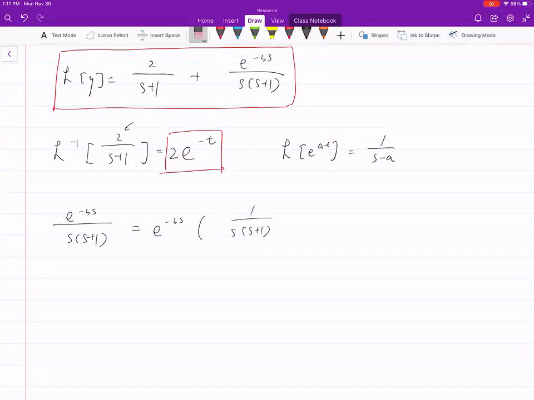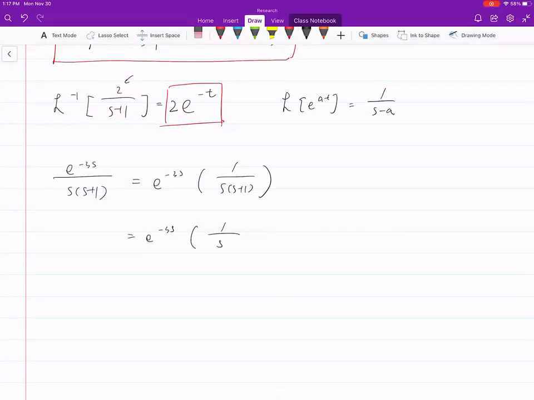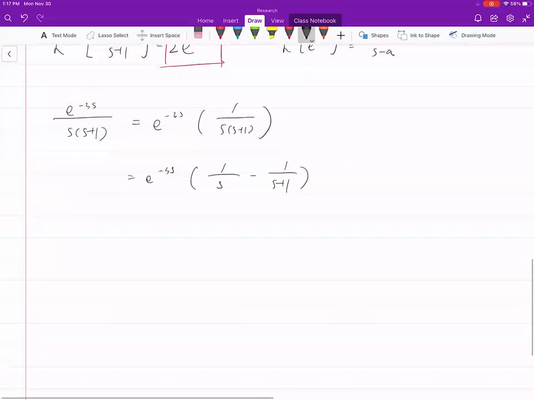Second, you notice this is nothing but a partial fraction. So let me do this. I skipped the steps, but you know how to do it. Which gave you this.